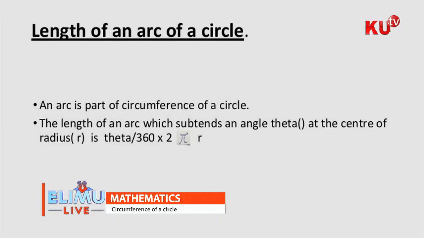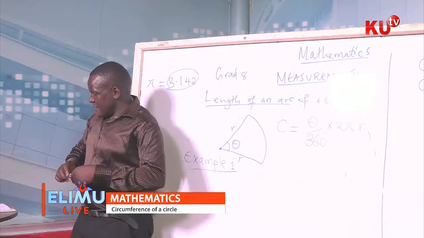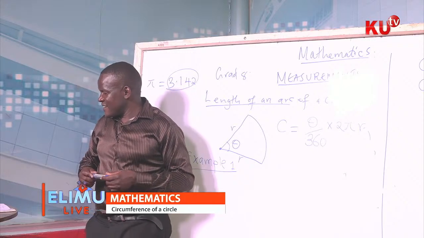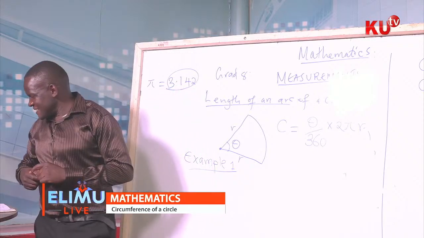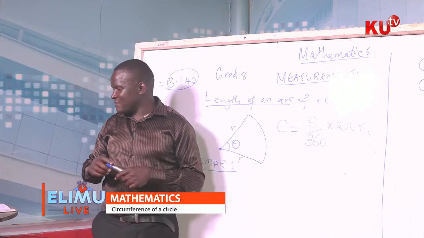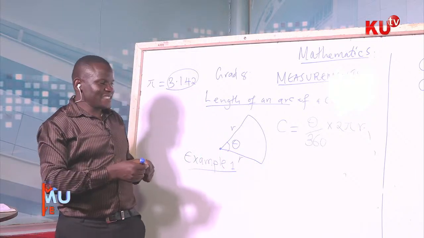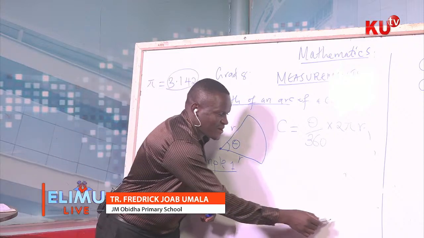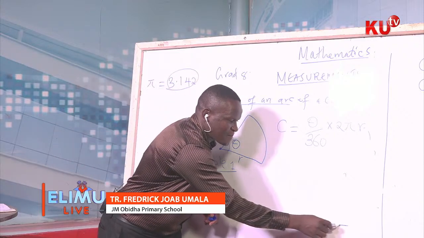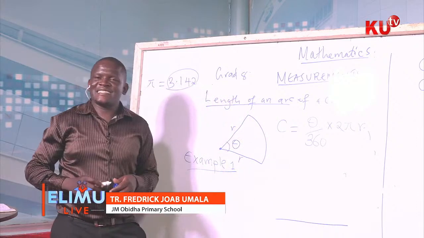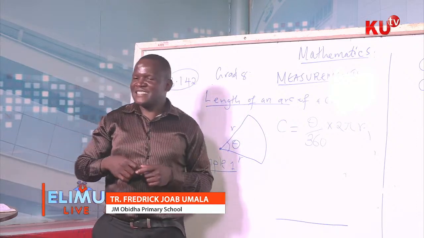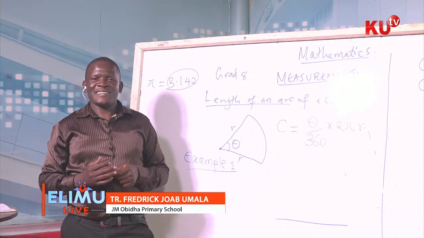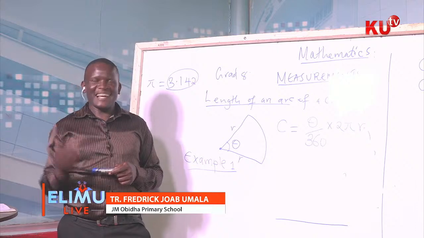Example 1. Find the length of the arc of radius 7 centimeters that subtends an angle of 180 degrees. We have an arc that subtends an angle of 180 degrees. 180 degrees, that is an angle on a straight line.